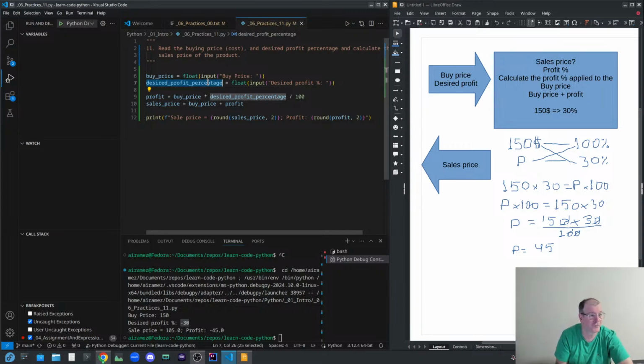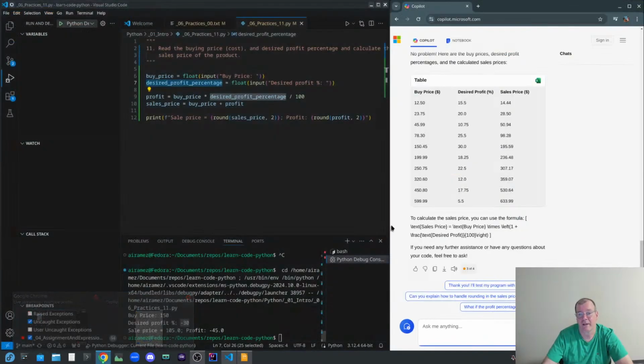Or could you sell for less, instead of plus 30%, minus 30%? Do you see? Sometimes it's right, because the math works. Instead of a positive 30%, we have a negative percent. So we could go back there, ask for the desired profit to be negative, and do more testing to make sure that we are correct.